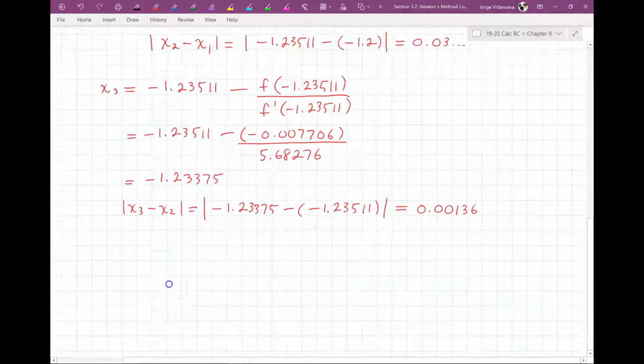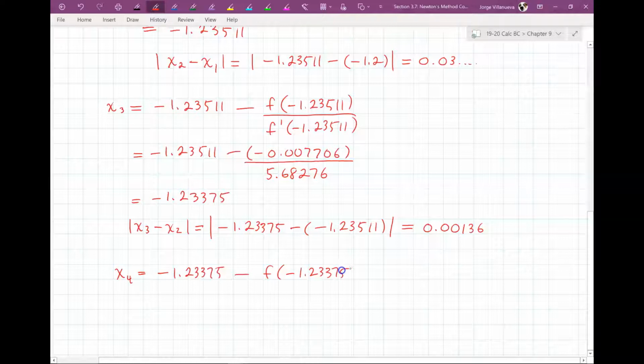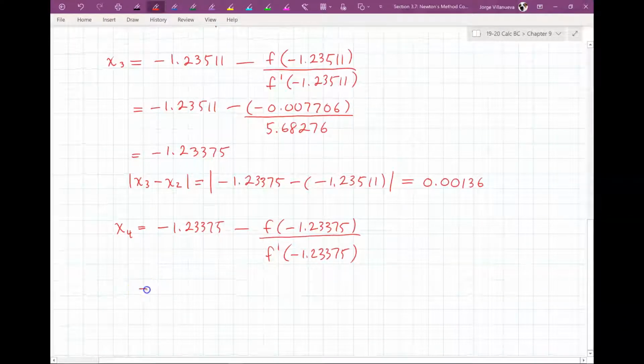So x sub 4 would be negative 1.23375 minus f of negative 1.23375 divided by f prime of negative 1.23375. So the calculations were already done, so here's what we get.